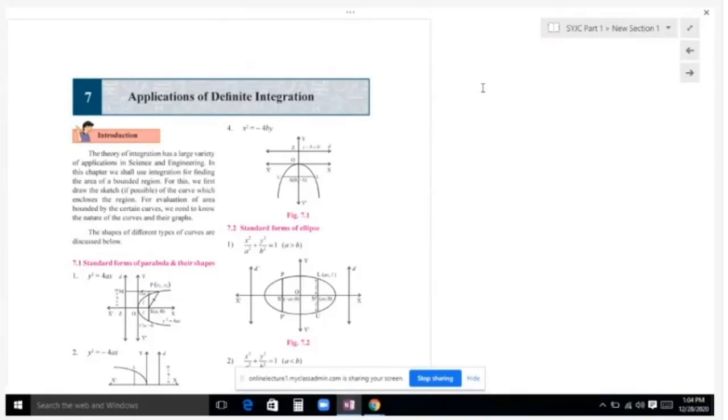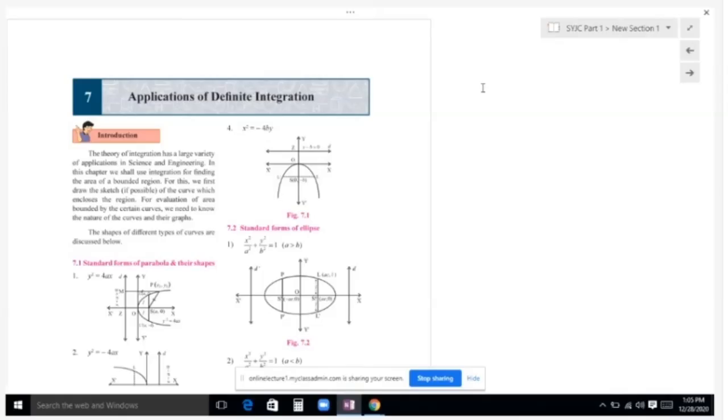And the second application is, with the help of a definite integration, we can also determine the volume. When a curve is revolved along the x-axis or the y-axis, it forms a solid.